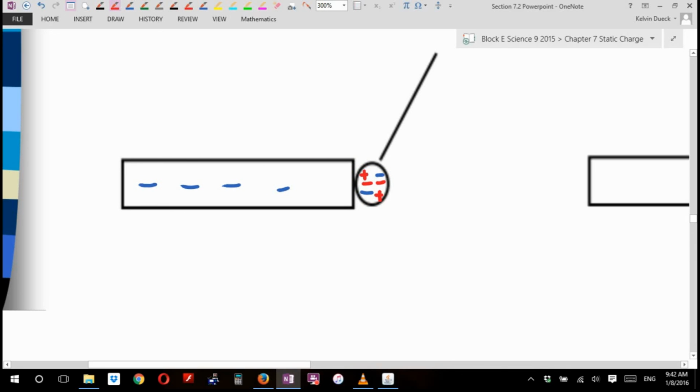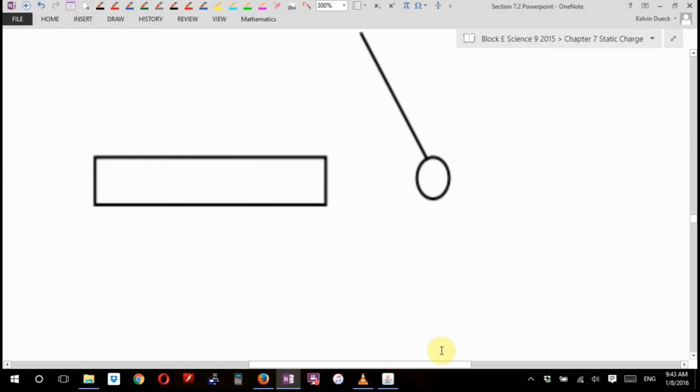We're going to end up with more negatives on that ball because there's so many negatives on that ruler that they can repel each other and overcome the ball's reluctance to gain extra electrons. And so now, what's the charge on the ruler? Still negative. What's the charge on the pith ball now? Now it's negative. And so now, Nick, are you ready? We have like charges, and so we repel.